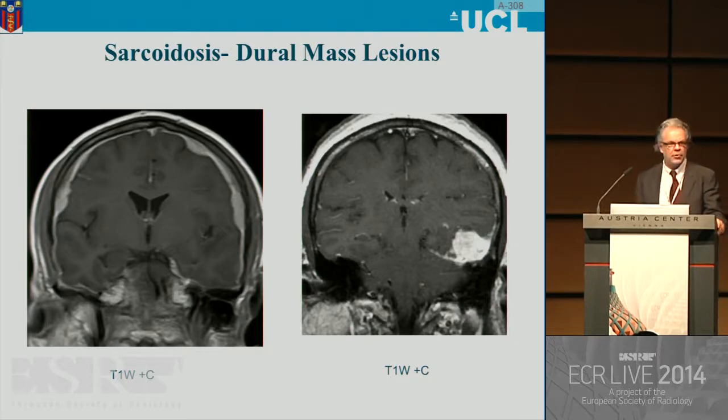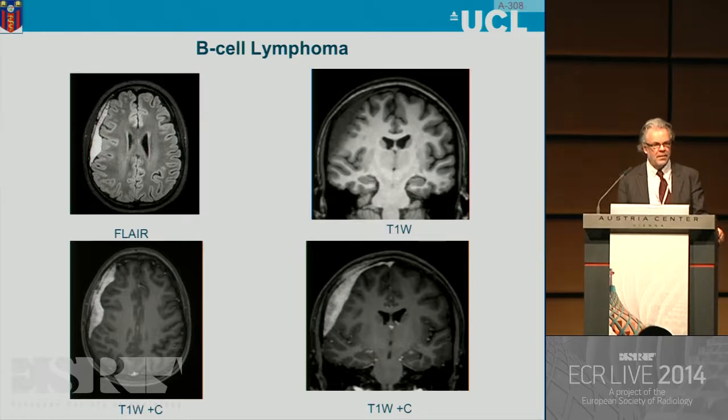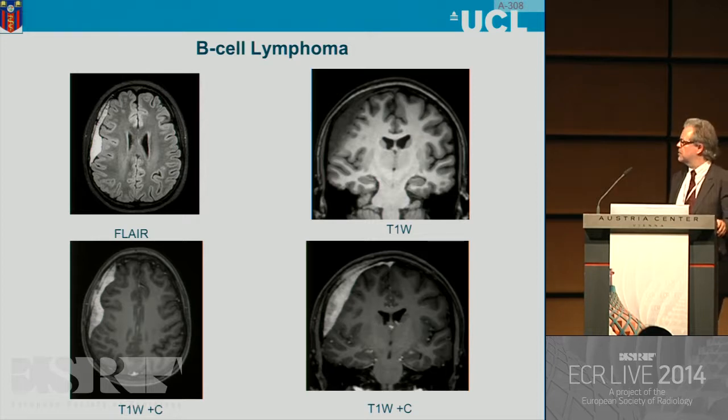Same can be dural metastases from CA breast and other things. This is the recent case showing that this can look almost like a subdural, but it enhances and then it infiltrates the bone, it infiltrates the soft tissue, and if you know the patient has actually a B-cell lymphoma, then this is an extraaxial metastasis or manifestation of a B-cell lymphoma.